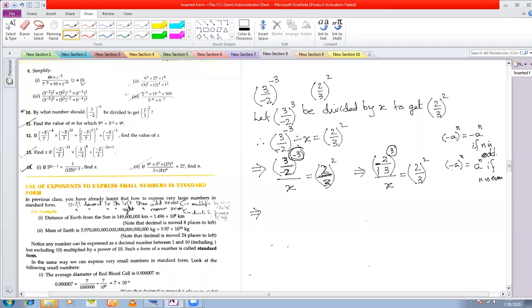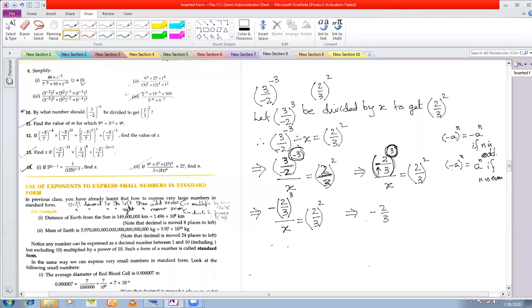Yes, sir. If this is a negative sign with an odd power inside the bracket, then if I remove the brackets, this negative sign will remain a negative sign because I have an odd power here. So minus comes out of the bracket: minus (2 by 3) cube divided by x is equal to (2 by 3) square. Now I cross multiply.